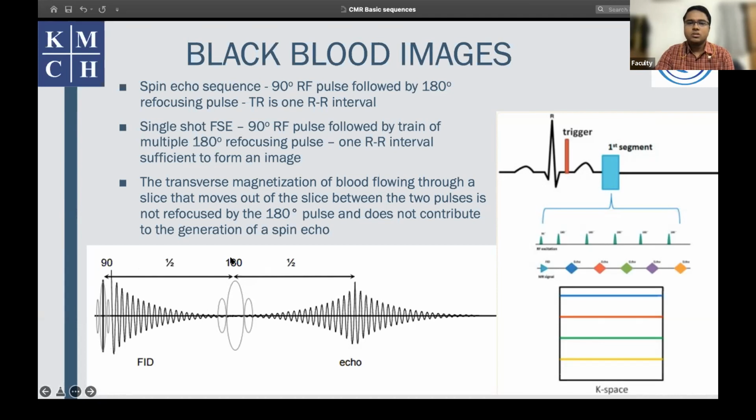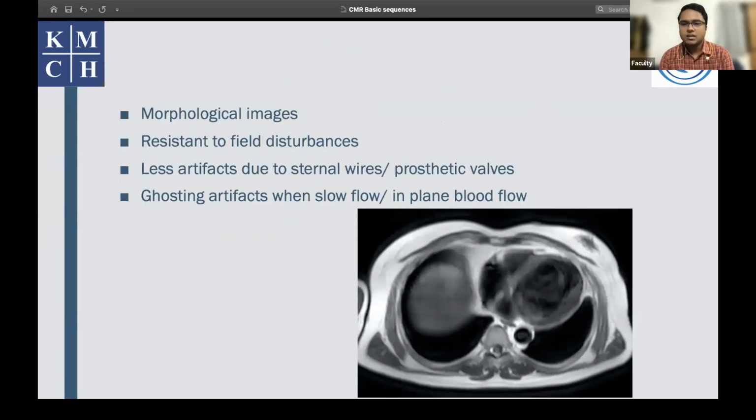So those protons are not refocused by the 180-degree pulse. So moving protons, like protons in blood, produce no signal and give rise to black blood images, which is more common in the spin echo sequence. The black blood images of spin echo sequences are mainly used for morphological imaging.